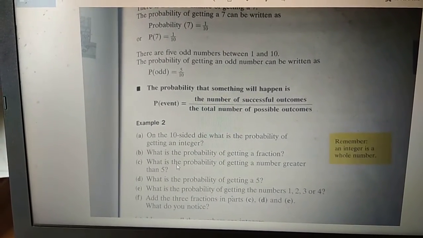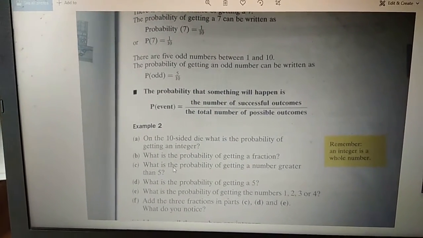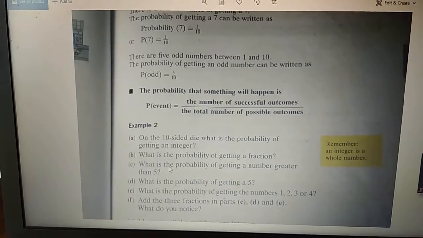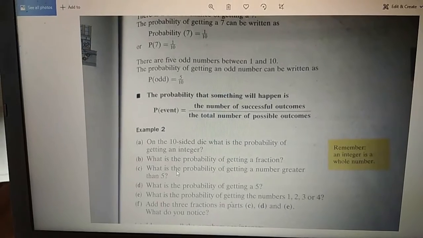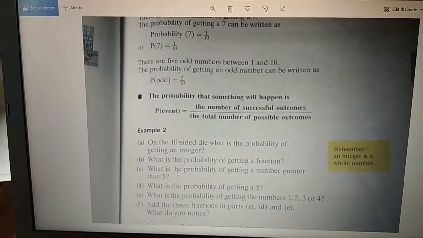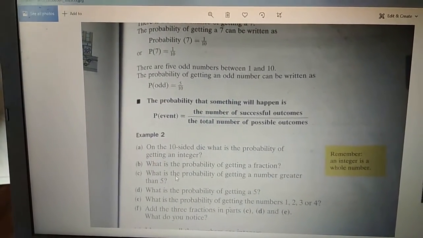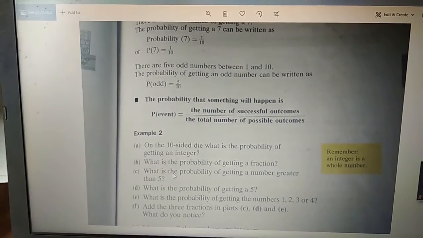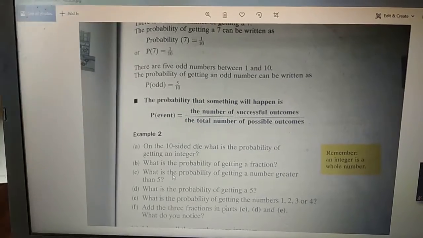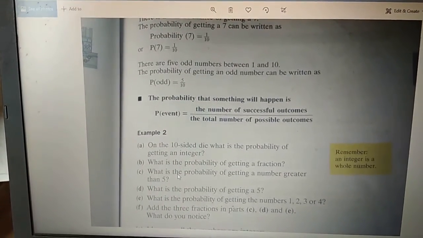There are two types of outcomes: the number of successful outcomes and the total number of possible outcomes. Total possible outcomes means in how many ways it can be possible.